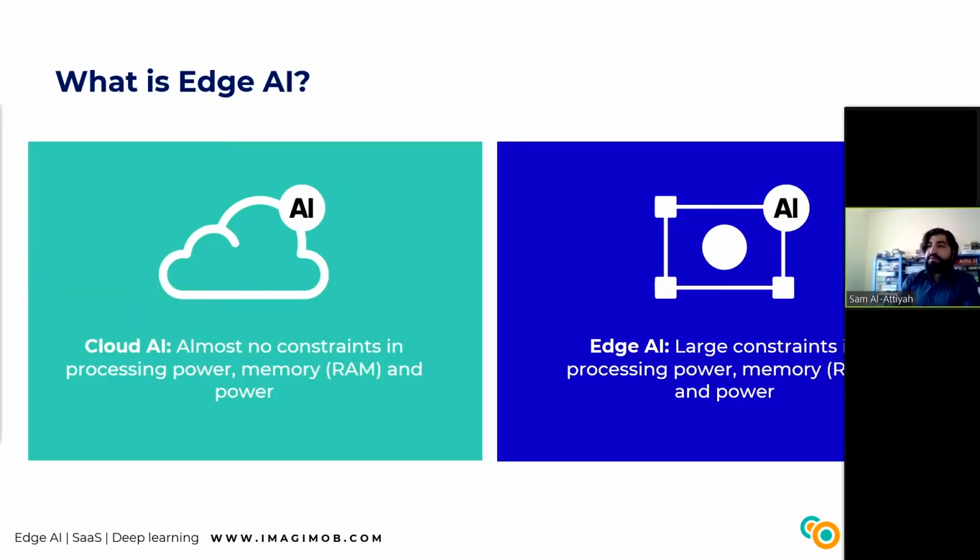So before I start to talk about Imagimob, the first thing we have to discuss is what is cloud AI versus edge AI. Normally when we talk about AI, we're talking about data being sent up to the cloud, and then you build models and perform computations, and then you get some results back.